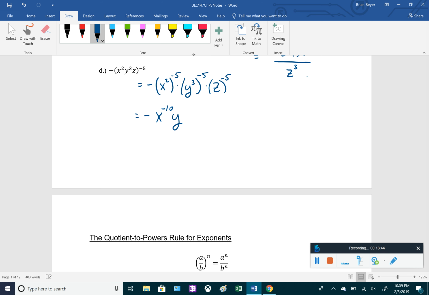For the y term, we have 3 times negative 5, negative 15. And the z is z to the negative 5. So we're rewriting all of these with positive exponents. They're all going to be going in the denominator. So we're just left with a 1 in the numerator. So that's going to be negative 1 over x to the 10th, y to the 15th, z to the 5th.